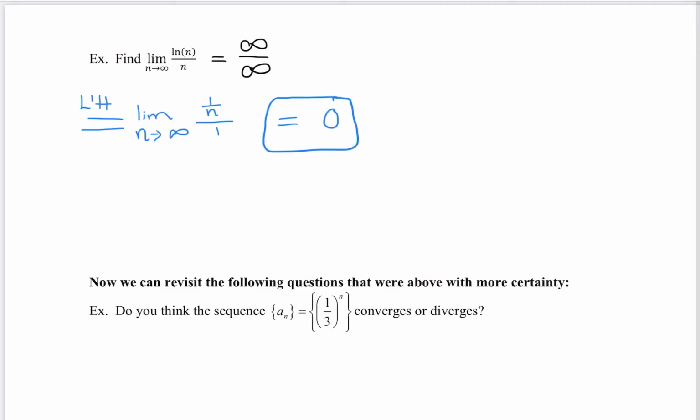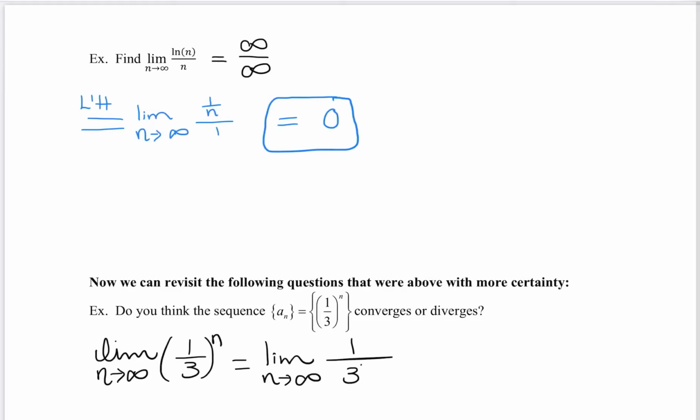So now we can go back and think about a couple of the opening ones. For this one, we wrote out some terms and looked at the graph. Now we could think about it a little more formally and take a look at that limit. To decide if that sequence converges, let's formally write out the limit as n goes to infinity of 1/3 to the n. 1 to any power n in the numerator is just going to be 1, and the denominator is getting bigger and bigger.